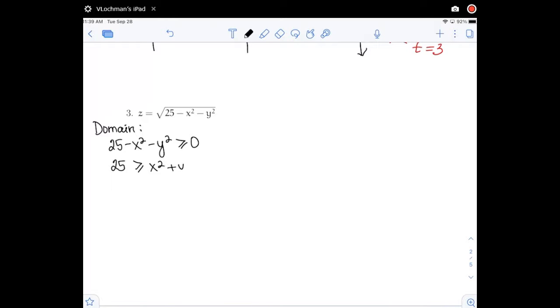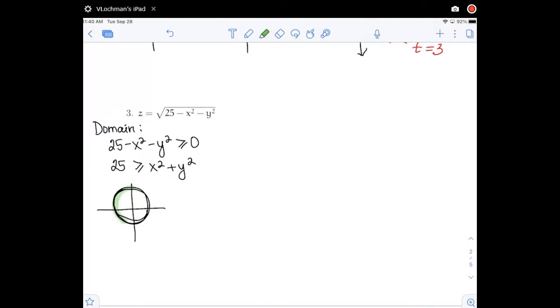Good. So 25 is greater than or equal to x squared plus y squared, right? And you can visualize it as everything inside the circle, including the circumference, right?